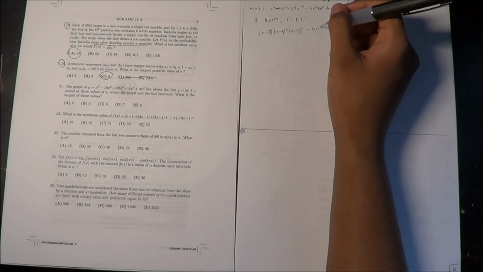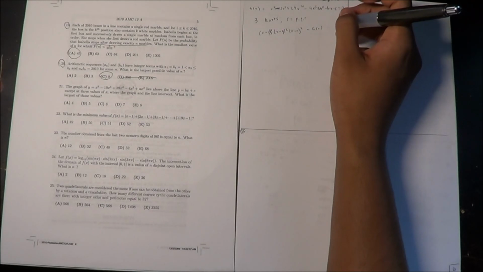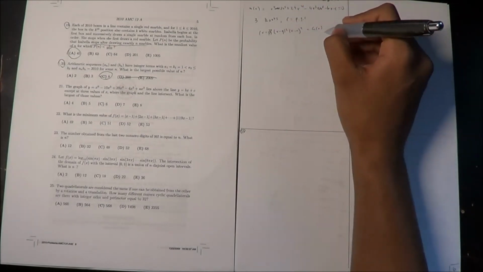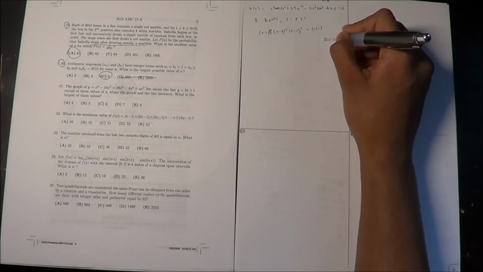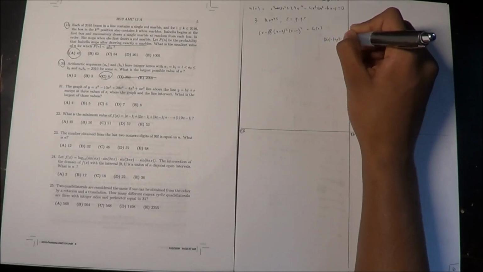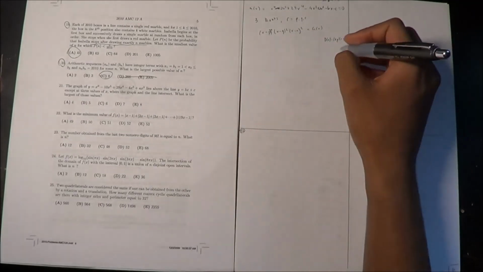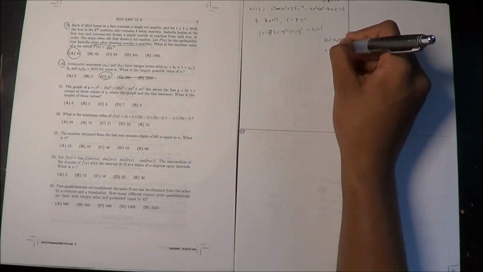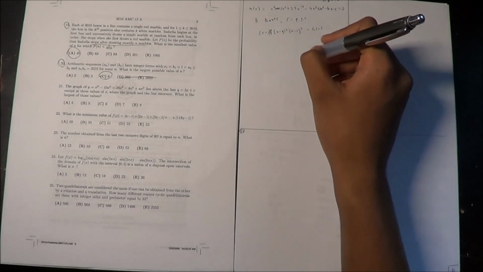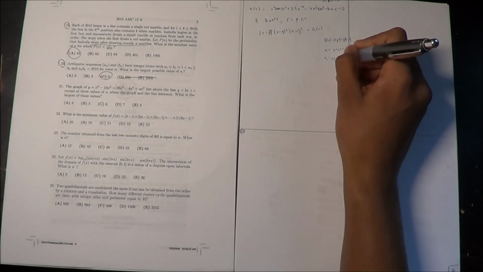Okay, I can use Vieta. I want to solve for p, q, and r. So let me just say g of x equals x minus p, x minus q, x minus r. You need to find the polynomial. Okay, so let sigma 1 be p plus q plus r. Sigma 2 will be pq plus qr plus pr.